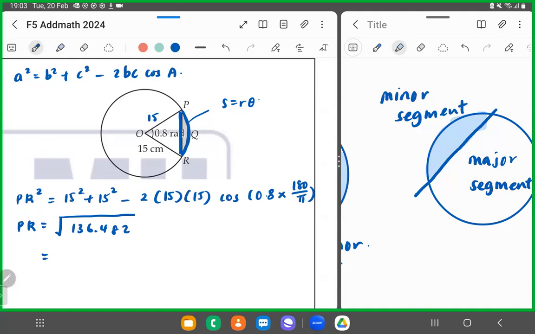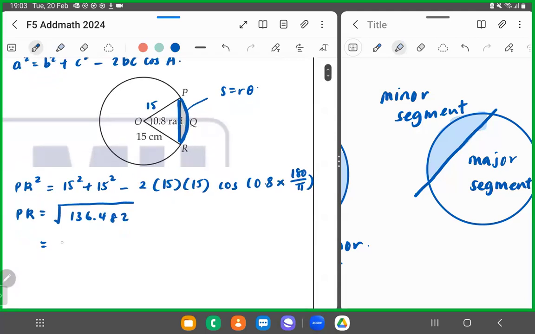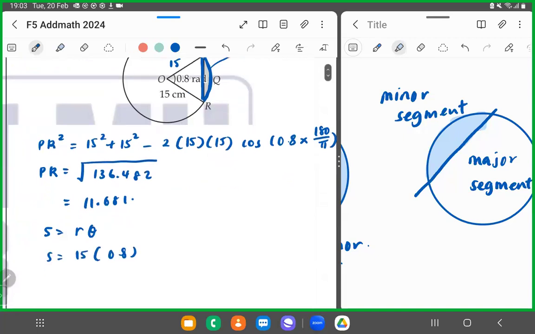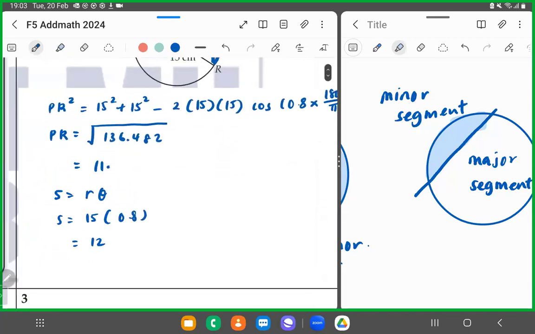Okay, and then you plus the r theta. So this one 11.681, right? So S equals r theta will be the curved one. So S equals 15 times 0.8, so this one you will get 12. When you add these two together, perimeter equals 11.681 plus 12. So you will get 23.683 cm.